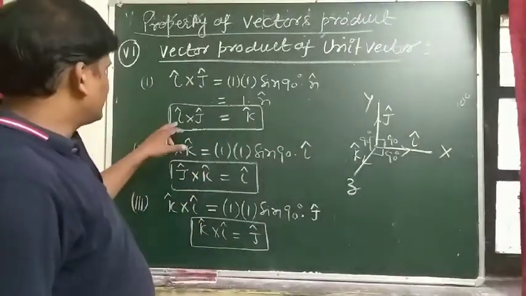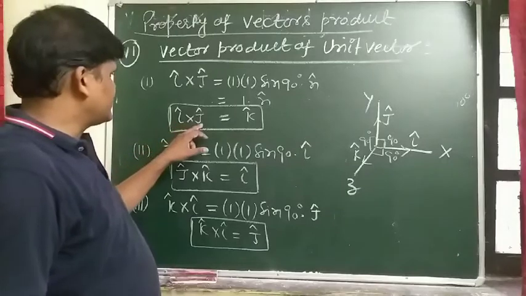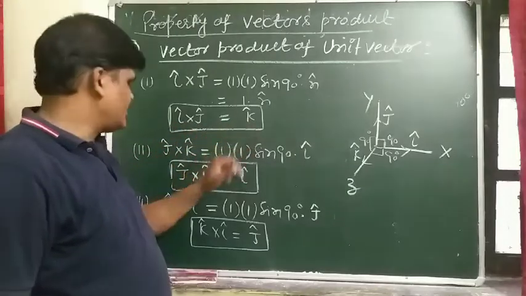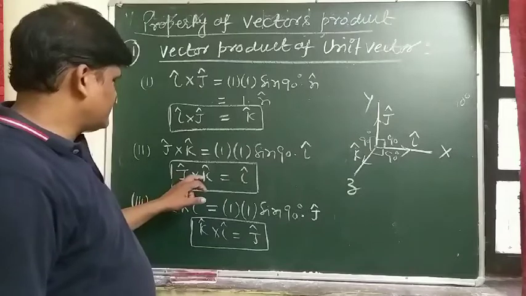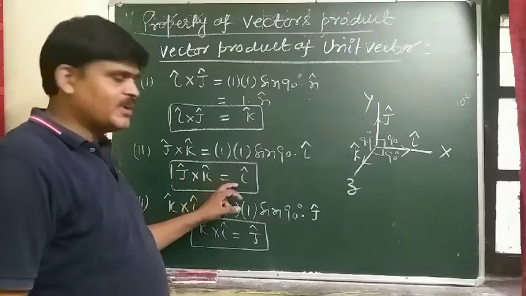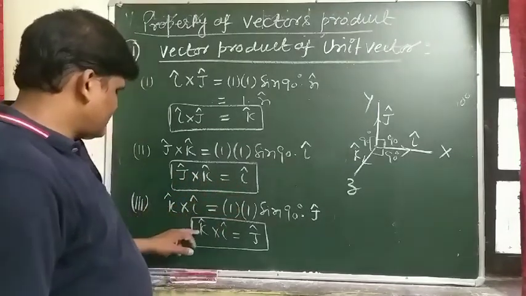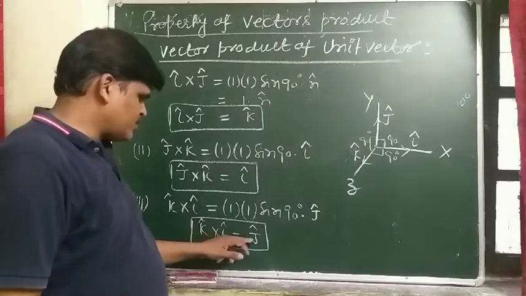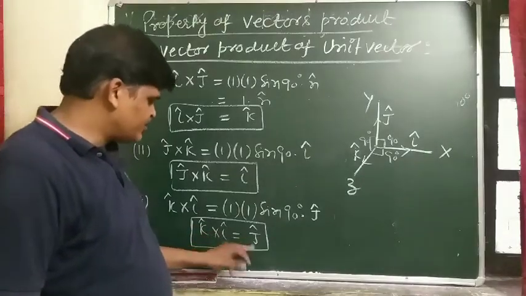So this is the vector product of unit vectors: i cross j comes out to be unit vector k, unit vector j cross unit vector k comes out to be unit vector i, and unit vector k cross i comes out to be unit vector j.